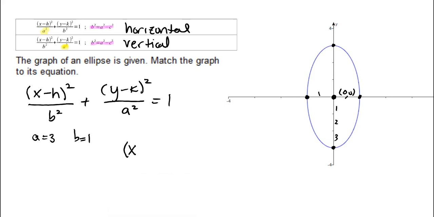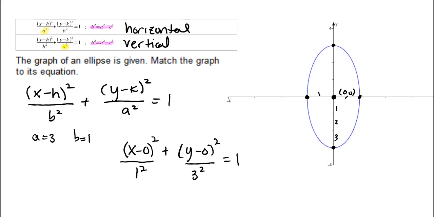So let's fill in the blank here. We have x minus 0, because the center is at 0, 0, over 1 squared, b squared, plus y minus 0 squared over 3 squared, that's a squared.